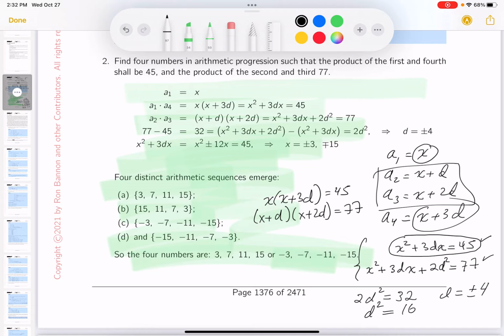So I'm going to try d is 4 first. And what do you get? You get x squared plus 12x. Again, we're using this equation here. Equals 45. Well, I'm just going to subtract 45 from both sides. I'm going to try to factor it.